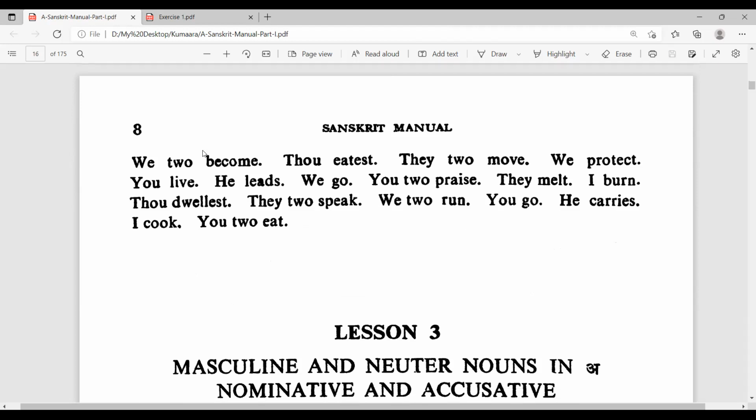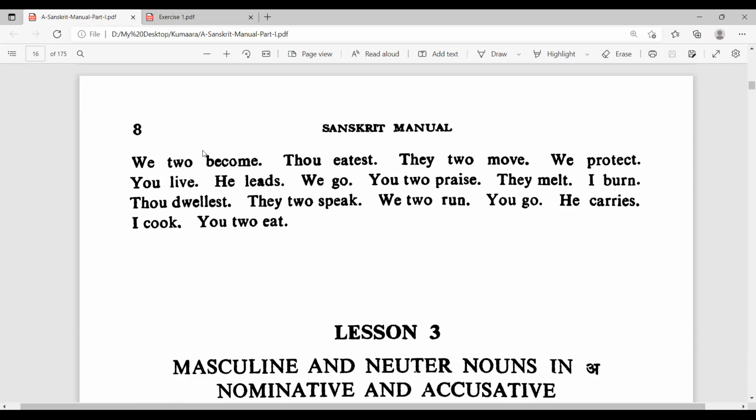You live. Tvam vasasi. Jivasi. Okay. He leads, saha nayati. We go. We. Vayam gachamaha.